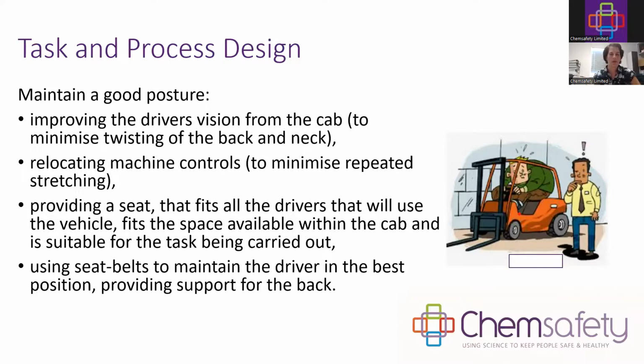And then provide a seat that fits all the drivers that will use the vehicle. Instead of providing one little seat, try to opt for a universal seat with good vibration absorption. And then the use of seat belts is very important, as it can maintain the driver in the best position to provide support for the back.